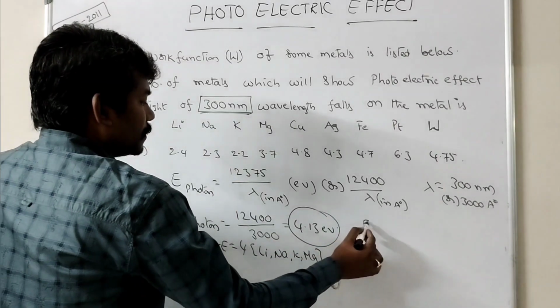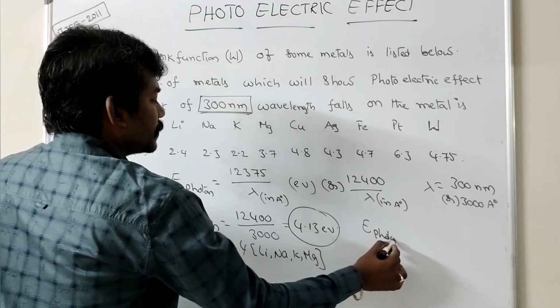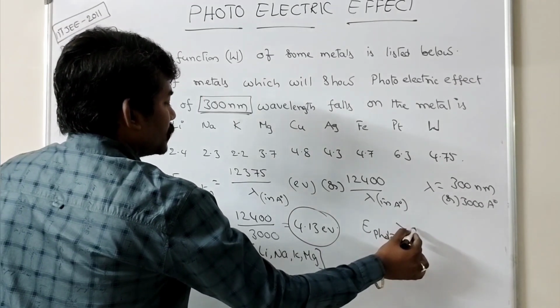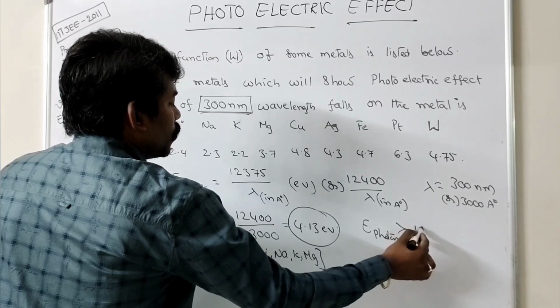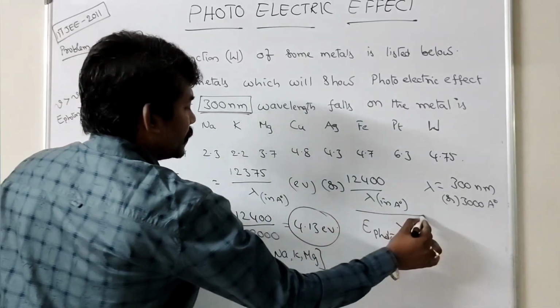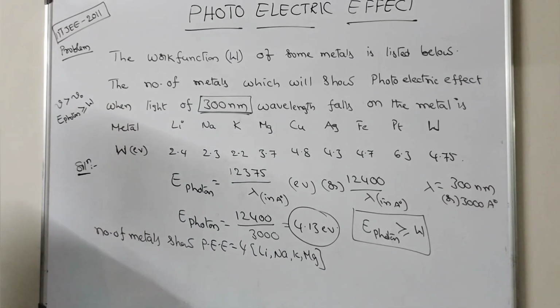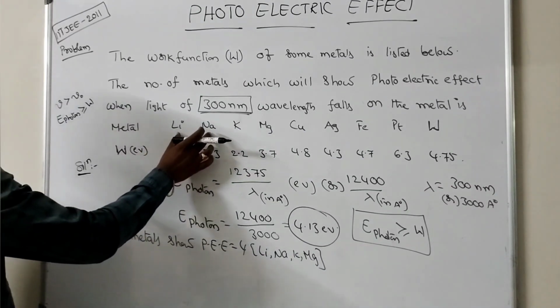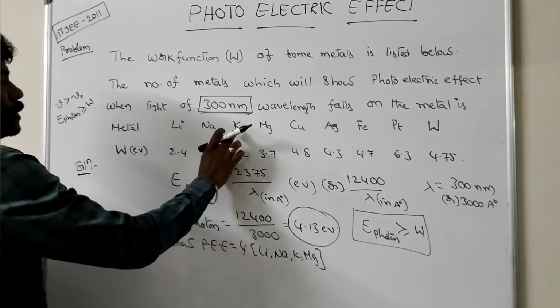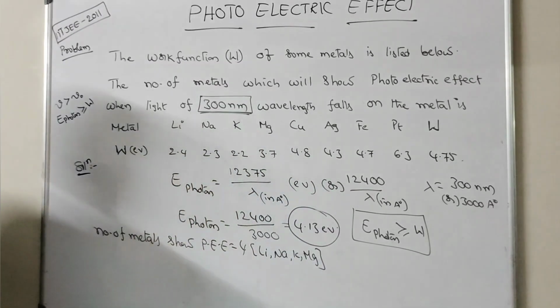Here E photon is greater than or equal to the work function. So the metals which show the photoelectric effect based on this problem are lithium, sodium, potassium and magnesium.